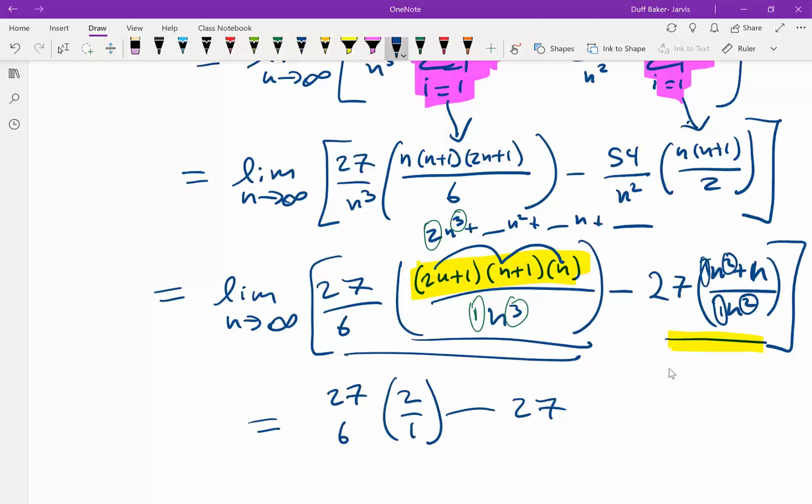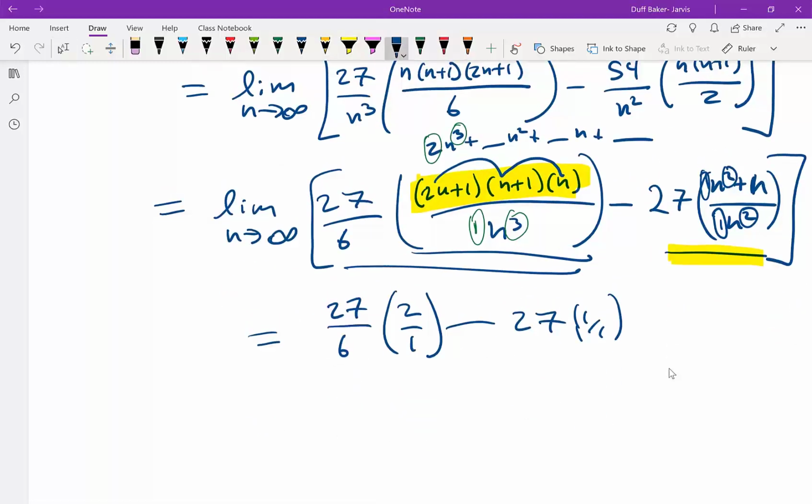So we had 27, then the limit of that other piece was just 1 over 1, which is 1. And that will give us our answer. So let's see, 27 over 6, that's 9 halves, cancel a 2, so that's 9. So this looks like it's minus 18, possibly.